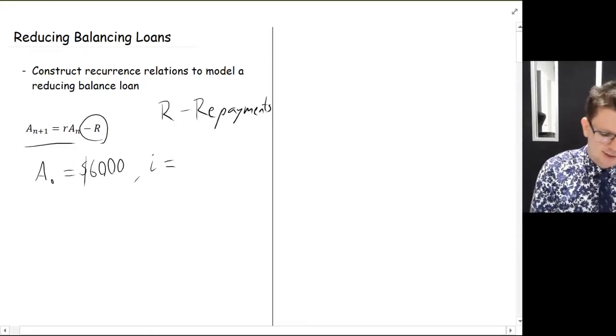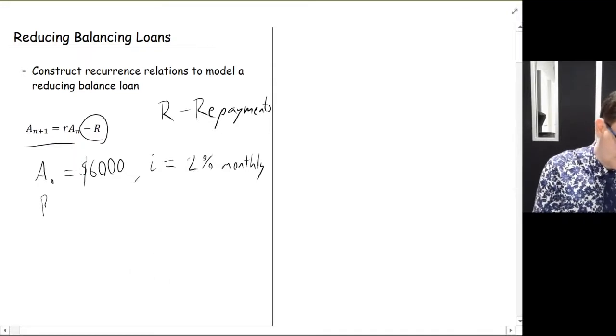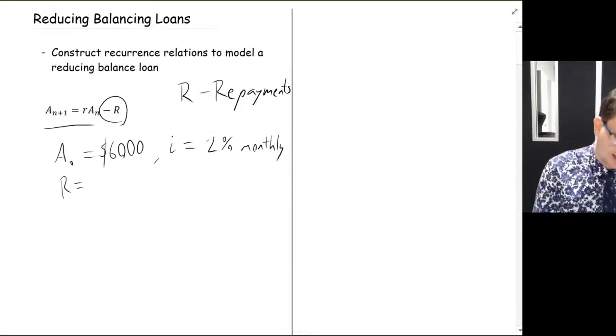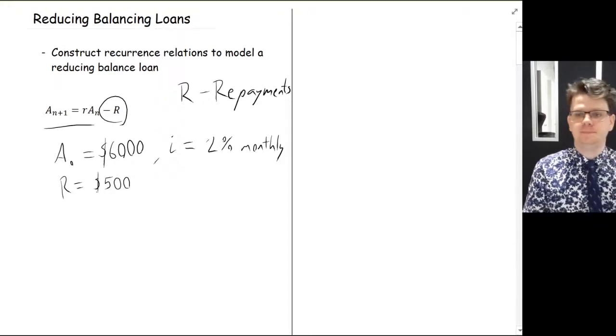So I'll say that each month it grows by 2% monthly. And each month my repayments are going to be, say, $400. $400 might not be enough. We might say each month I pay back $500 of my loan to try to pay it off.